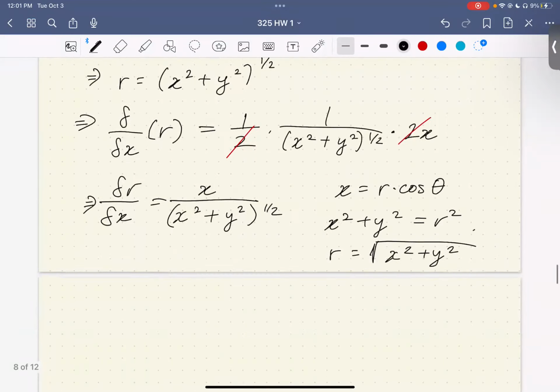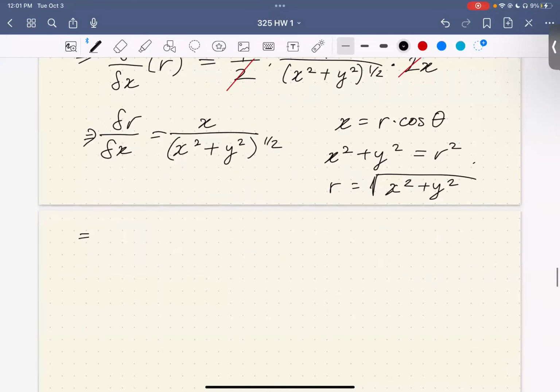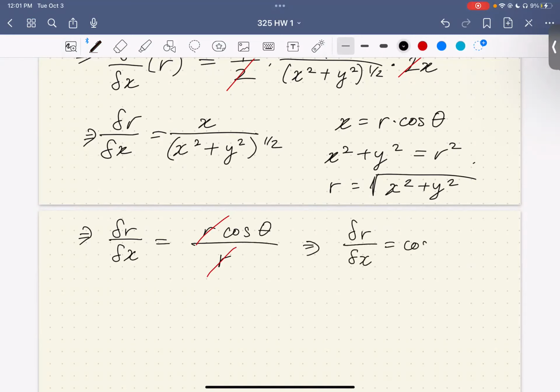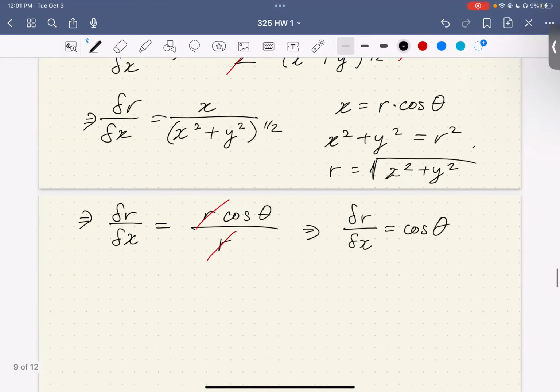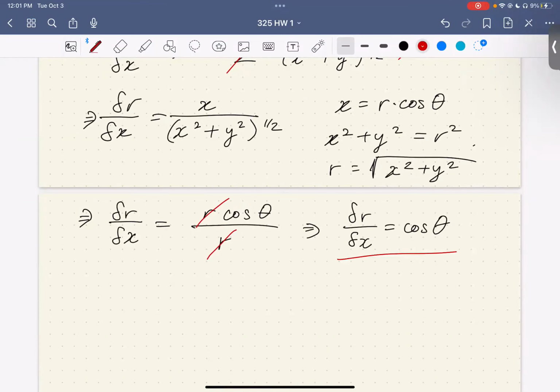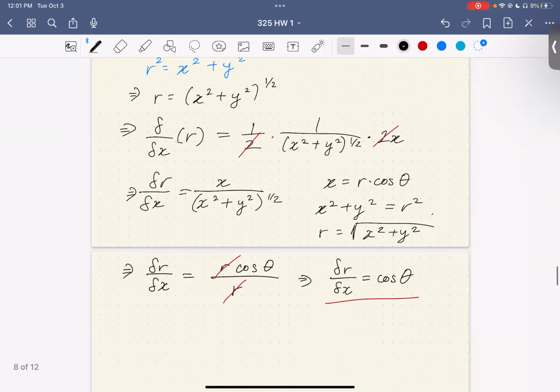So we know that this is actually going to be r cosine theta over r. And look at that, the r's cancel out. That leaves us with cosine theta. So with this result, this is 1 out of the 4 we need.